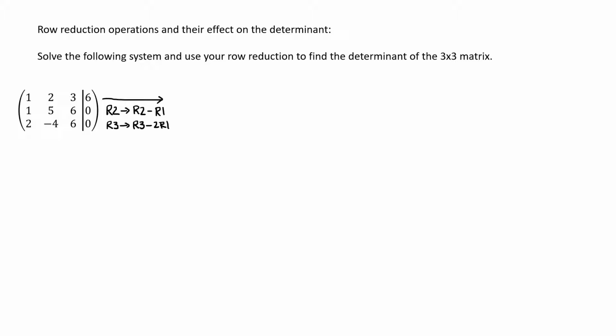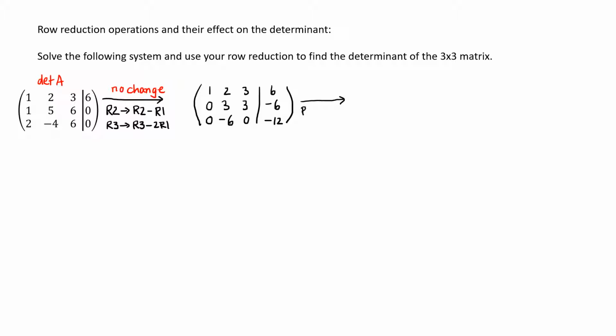So I'm going to start off by subtracting multiples of row 1 from row 2 and row 3. Remember that that doesn't change the determinant. All right, so next up, let's multiply row 2 by 1/3.